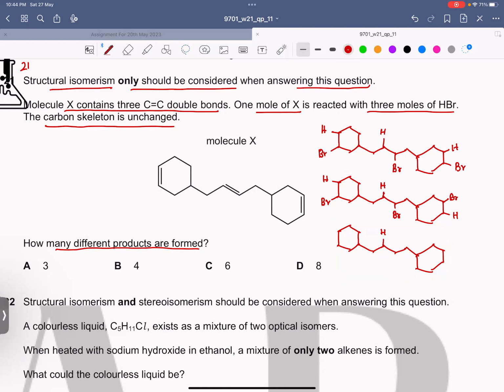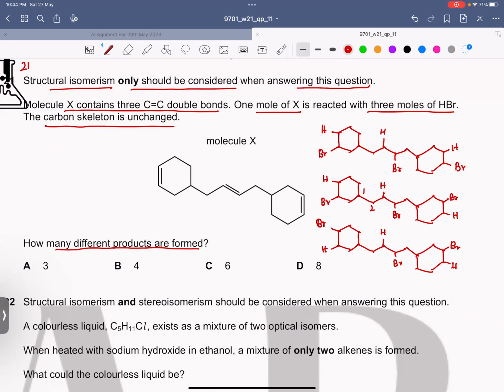That this hydrogen is added over here and bromine is added over here. And here the bromine is added on that carbon. So here we got 3 possibilities. What can be any other possibility?